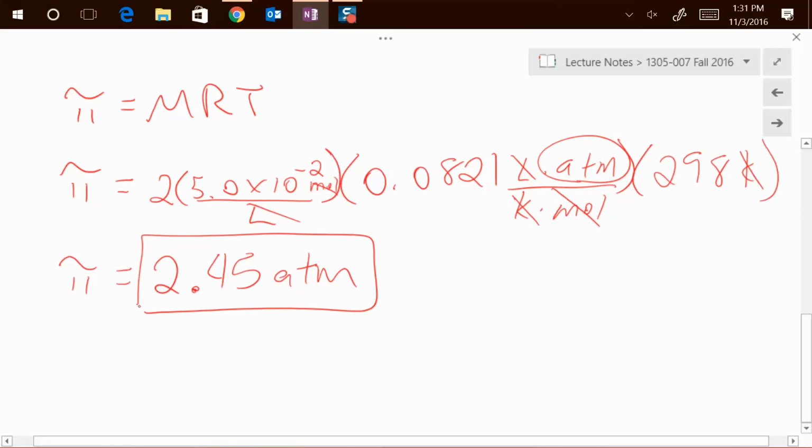Is that what you guys found? Okay, so that's the osmotic pressure.